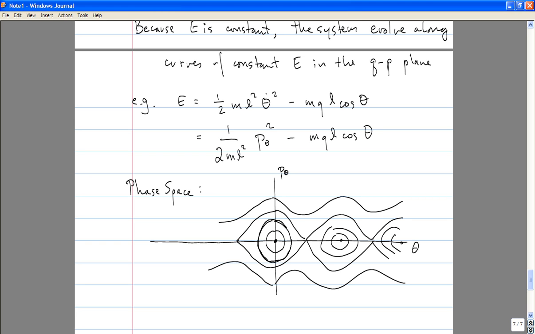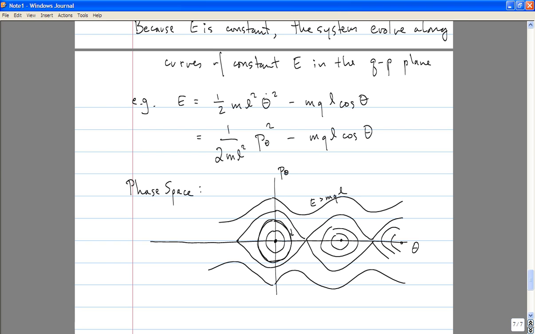where theta oscillates periodically between a value that is less than pi and larger than minus pi. Whereas on the other hand, if the energy is larger than mgl, the curve of constant energy is not a closed curve, but is one of those open curves that I've drawn at the top and the bottom half of the diagram.